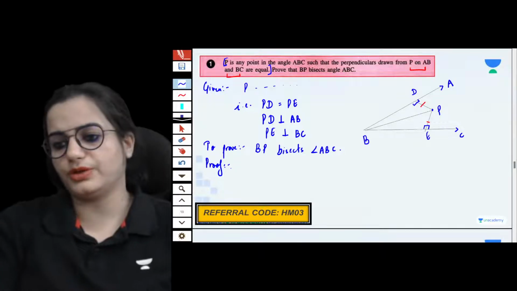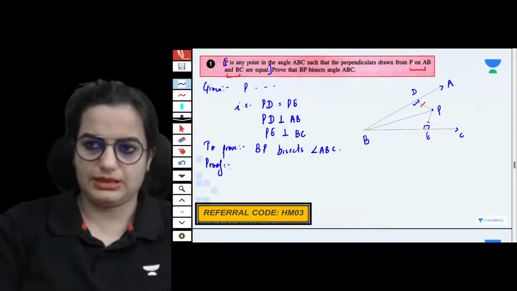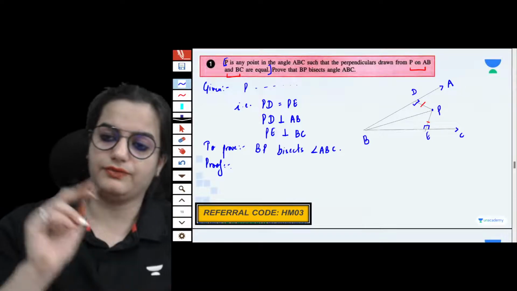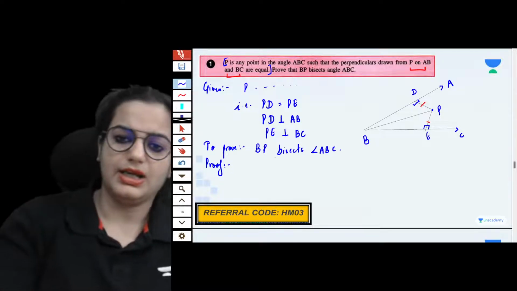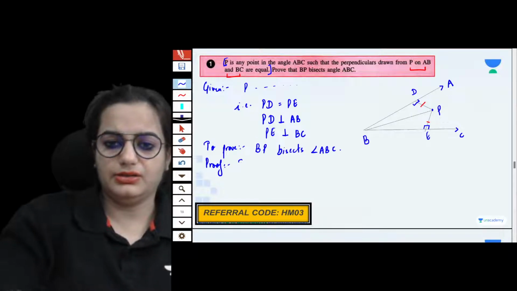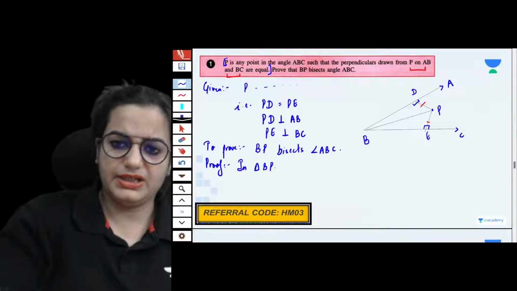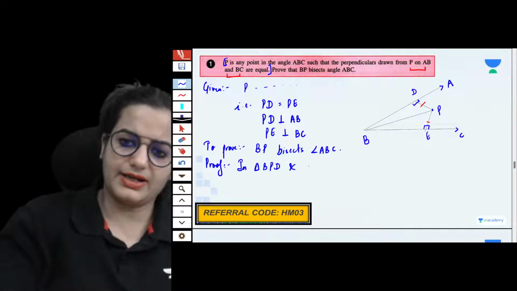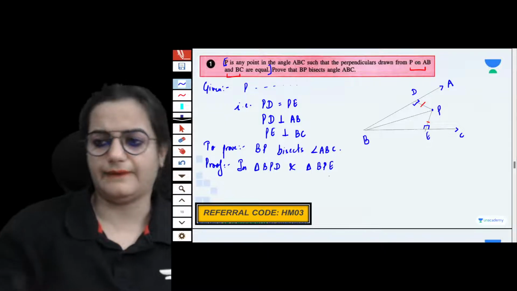प्रूफ में सबसे पहले what we can write down, wherever we are proving the congruency we should write down the triangles. So we can say, in triangle BPD and triangle BPE, ठीक है.